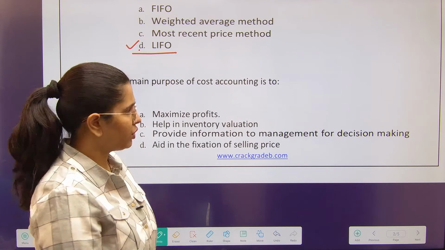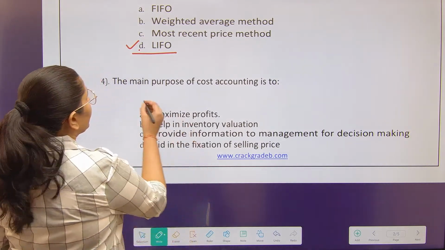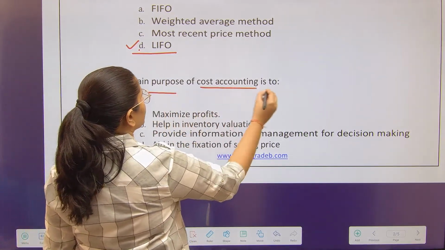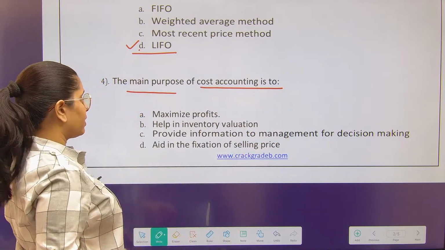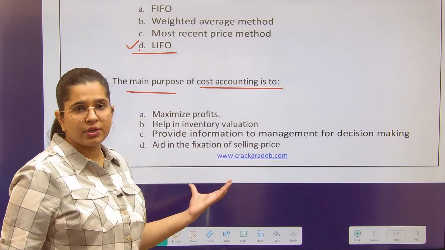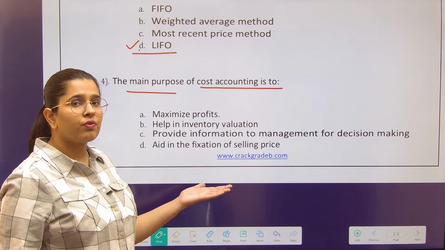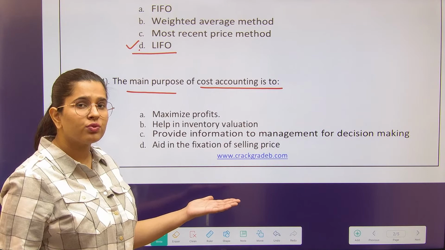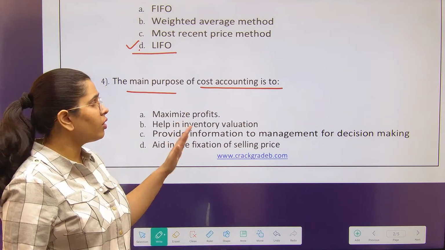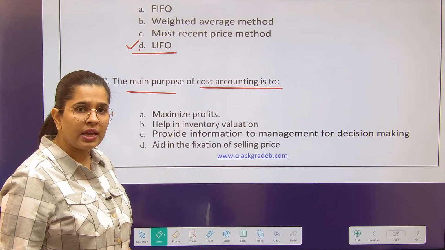So let's see the question over here. The main purpose of cost accounting is to, now see, the four options are given to me, and if I have not studied the basics of cost accounting, I would probably choose the wrong option because all four will seem similar to me.